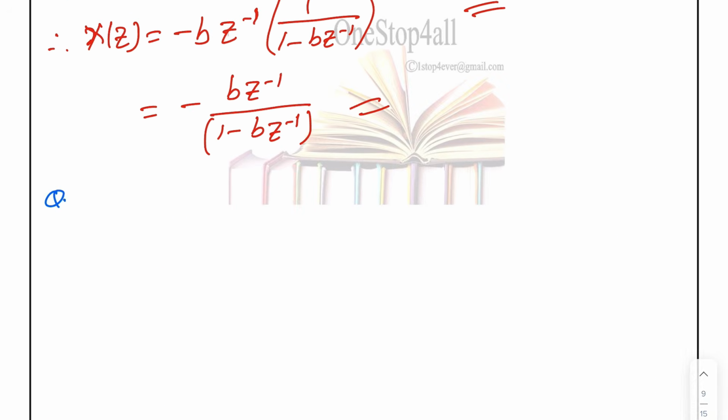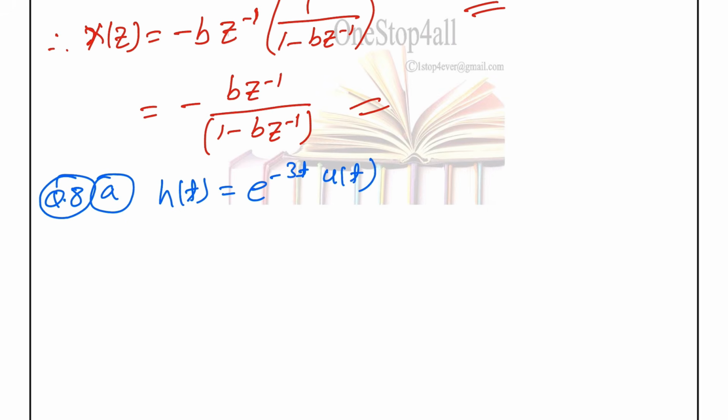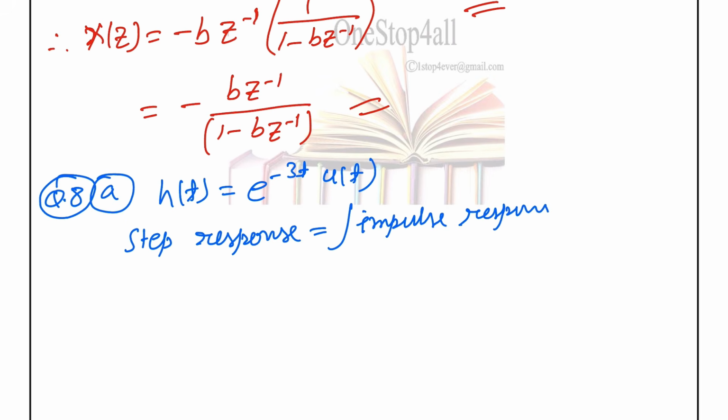Question number 8a. h of t, the impulse response, is given as e to the power minus 3t into u of t. So, what will be this one? Simply we can write the step response. One MCQ question is there. The step response is simply the integration of the impulse response. Therefore, simply the integration of h of t dt.